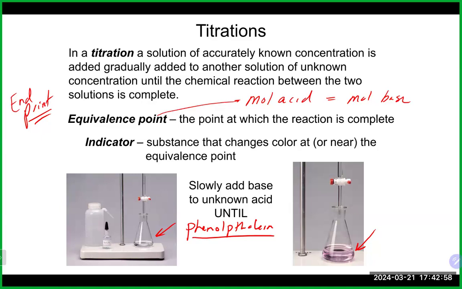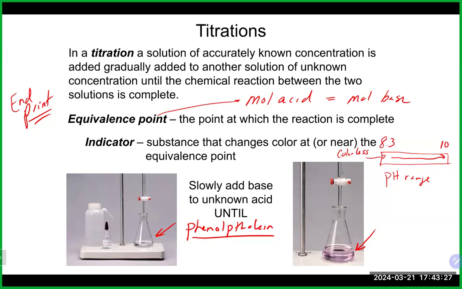And when we do use an indicator, as we've talked about, and we'll talk a little bit more about later in this chapter, indicators do work over a pH range. Something like phenolphthalein works on a pH range of 8.3 to about 10. It's about colorless in this range here, and it gradually gets pink, and super pink towards the back end of the pH scale of 10.